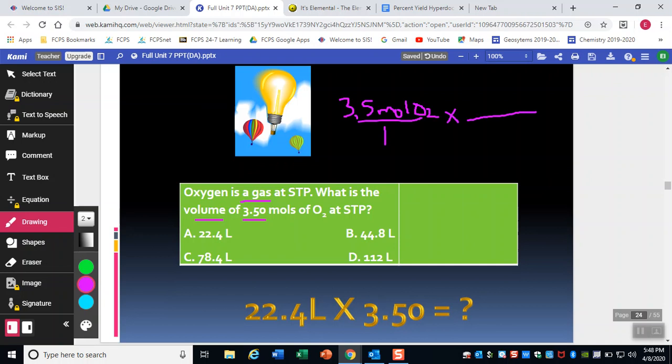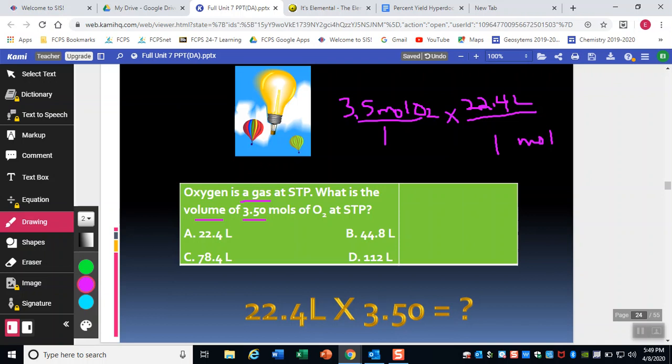Well, if I have moles here, I want moles down here. I know that 1 mole of any gas at standard temperature and pressure is 22.4 liters. And that makes sense.